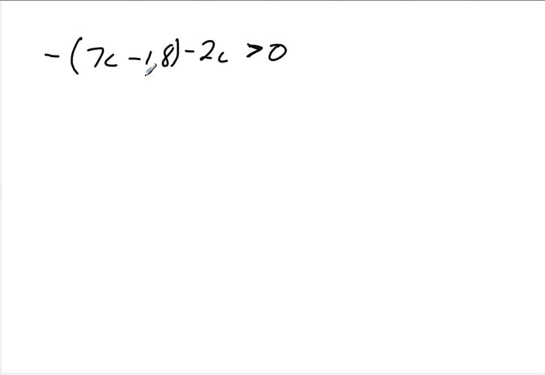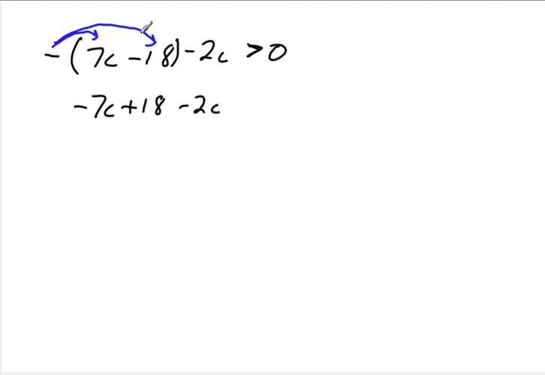But we have to deal with these parentheses first, and basically we know we cannot subtract 18 from 7c, but what we can do is distribute this negative to both things. It basically means the opposite of whatever's inside here. So we're going to do the opposite of 7c, which is negative 7c, and the opposite of minus 18, which is plus 18.